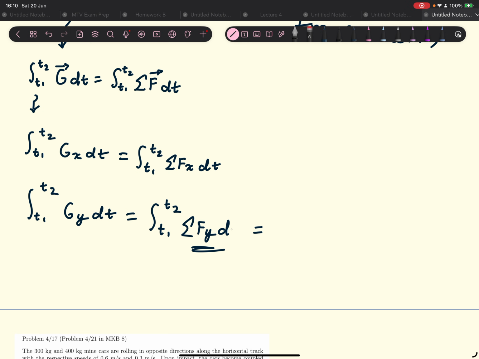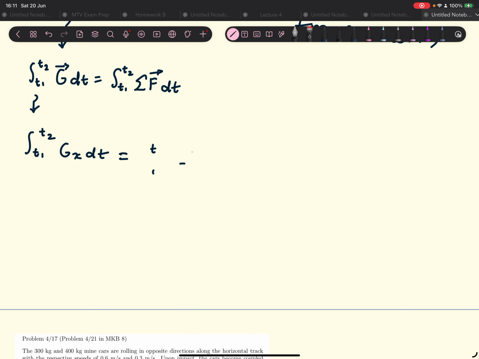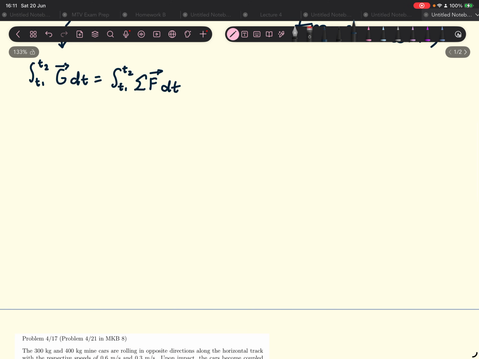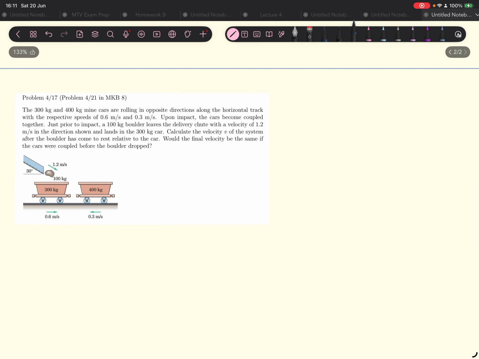Okay, so that's how you check whether or not momentum is conserved in a particular direction. In order for it to be conserved in a particular direction, the sum of forces in that direction needs to be 0. Okay, so let's try and apply that to an example.